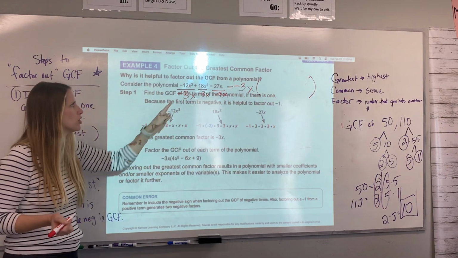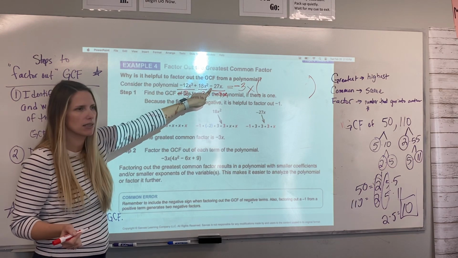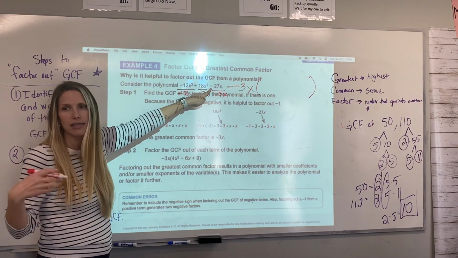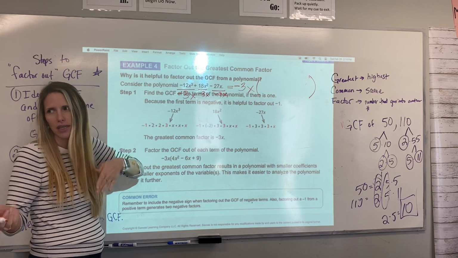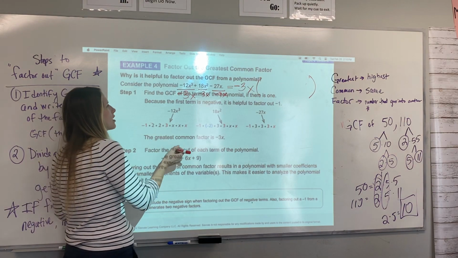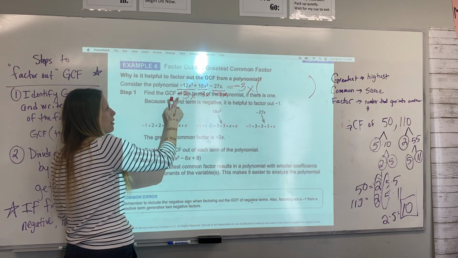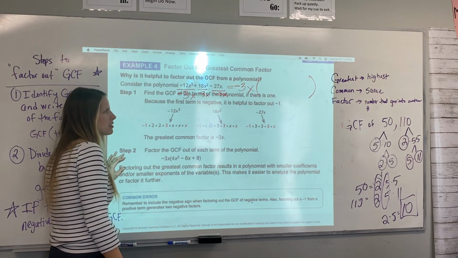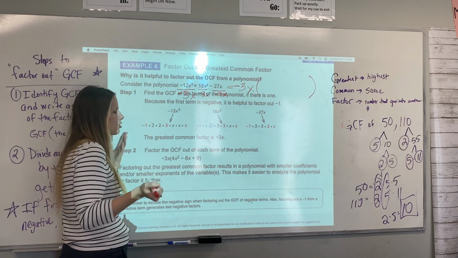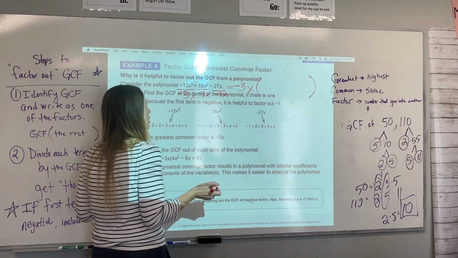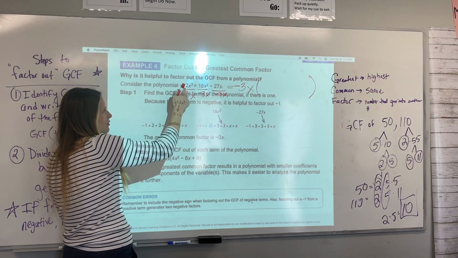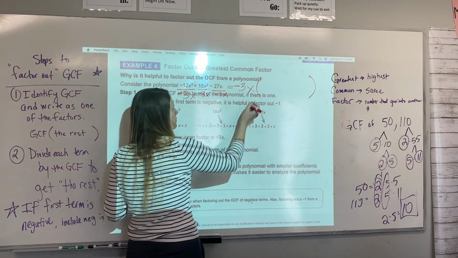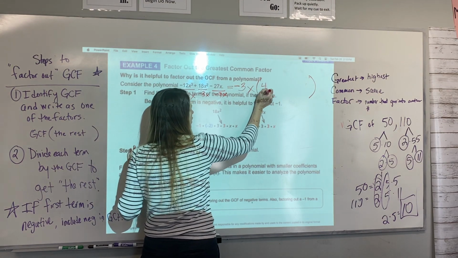So what's going to happen to all of these signs? They're going to negate. It's going to negate all these signs. So this one will become positive, this one will become negative, and this one will be positive. And we can distribute in the end and just show that it works. So what's negative 12 divided by negative 3? Positive 4, good.